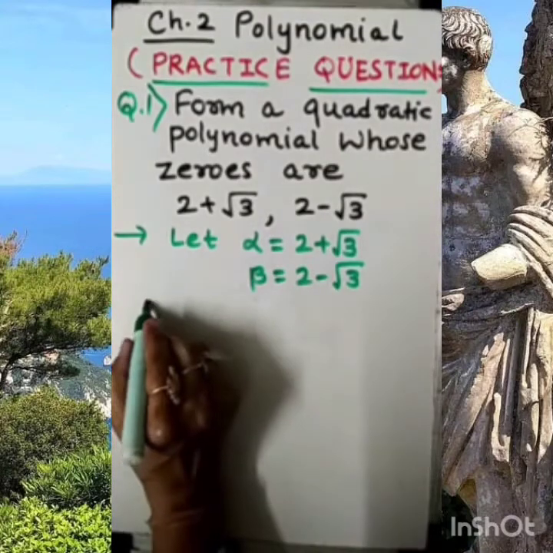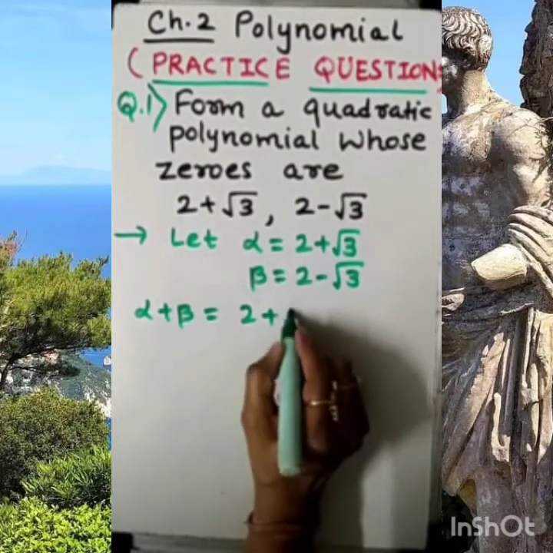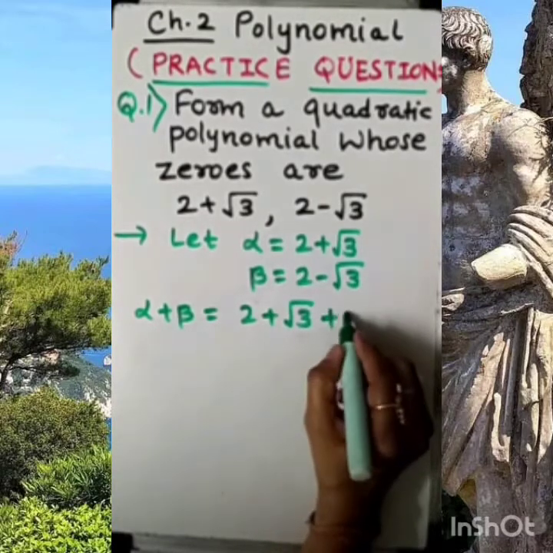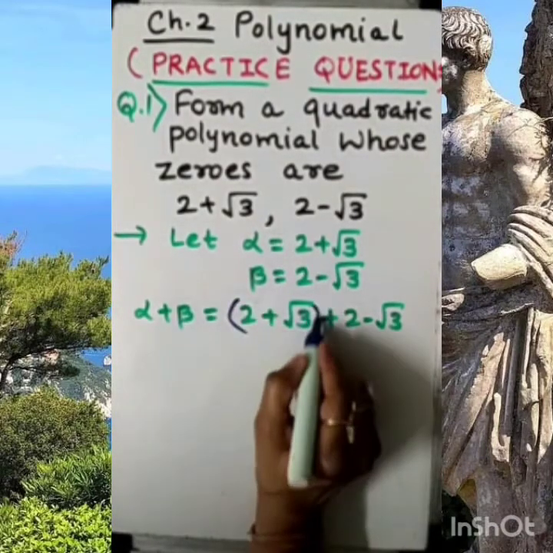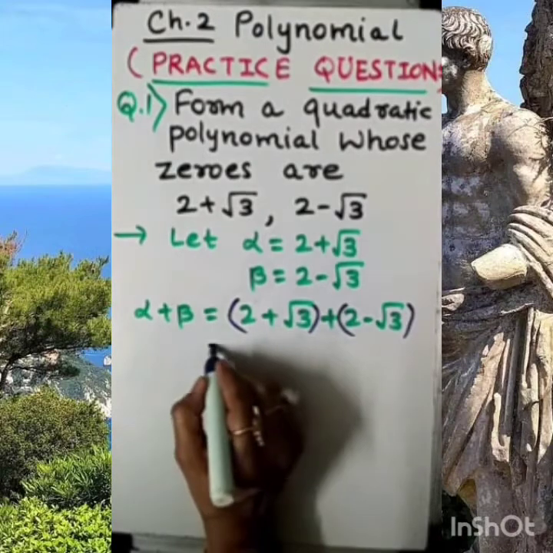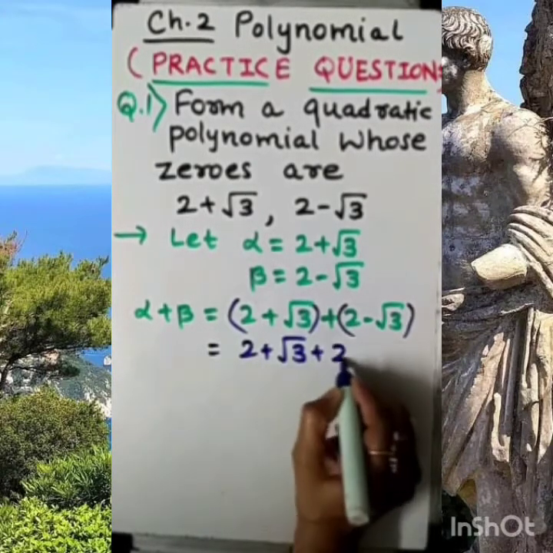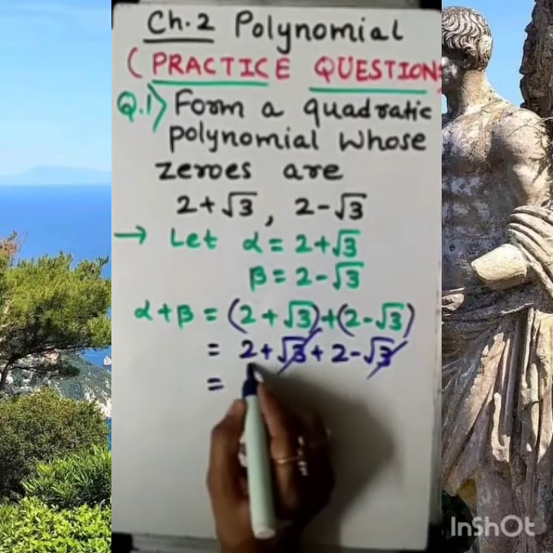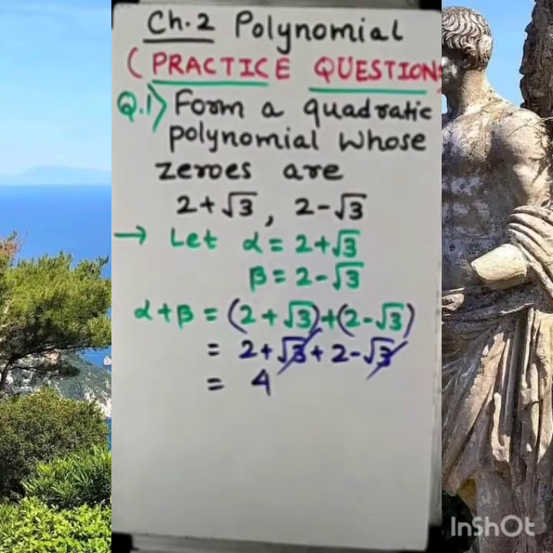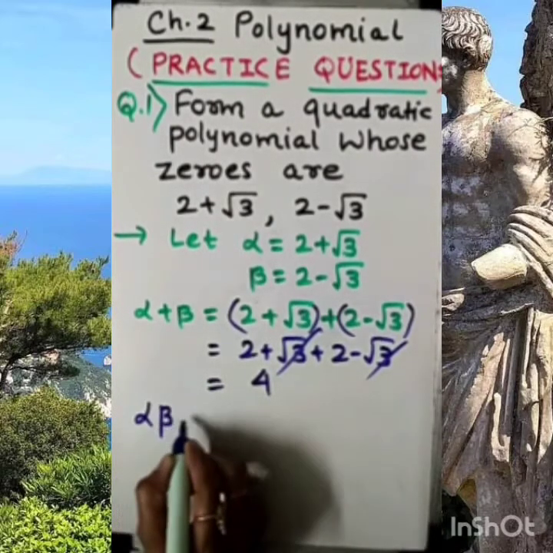Now, as we know the sum of two zeros, let's add both: 2 plus root 3 and 2 minus root 3. What will be the simplification? When we open the bracket, plus root 3 minus root 3 will cancel, and 2 plus 2 is 4.